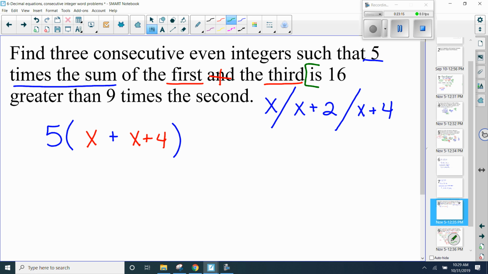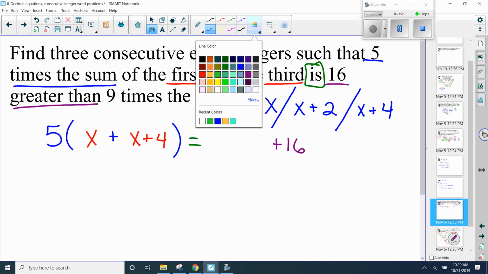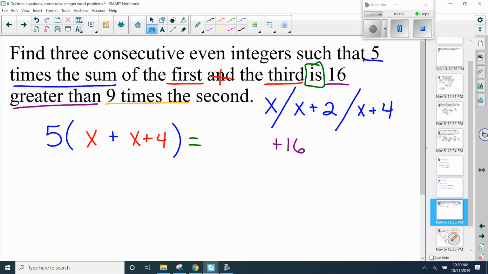What's the word is? Equals. Then I have 16 greater than. Plus 16. Then I have 9 times the second. So 9 times, what's your second?